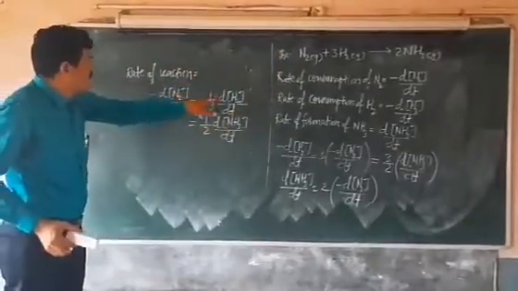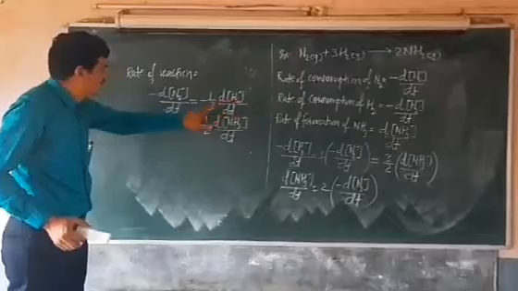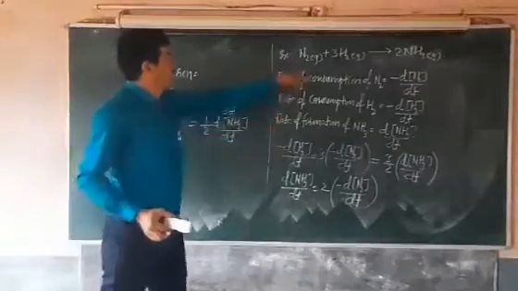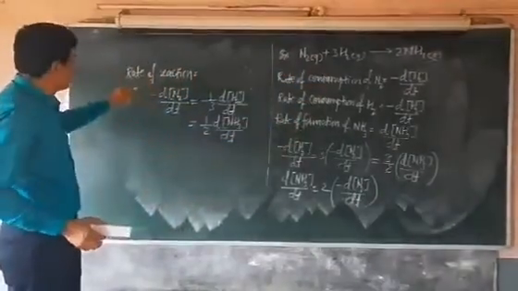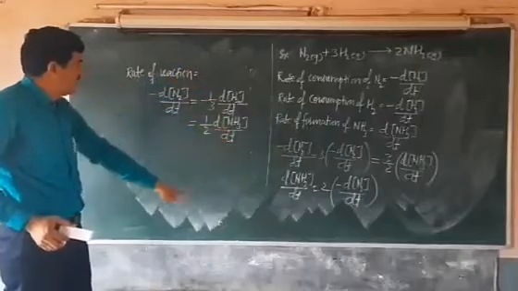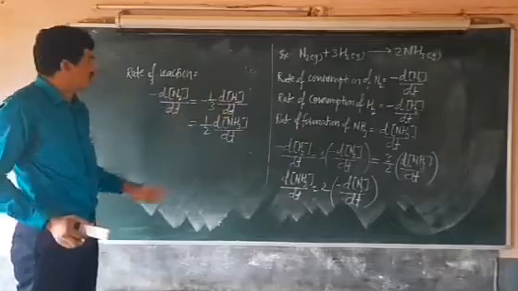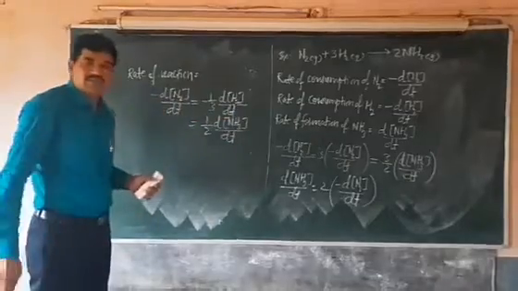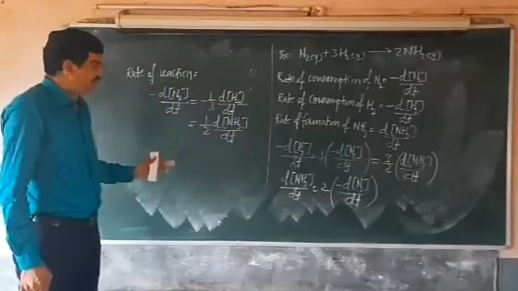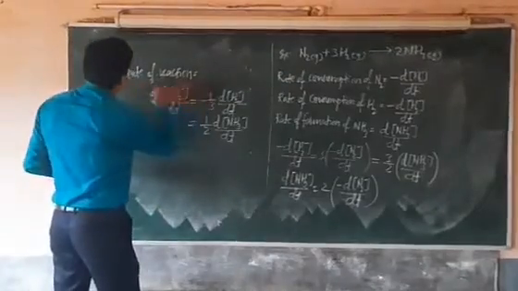Here the rate of consumption of hydrogen is divided by 3 because its stoichiometric coefficient is 3, and here the rate of formation of ammonia is divided by 2 because its stoichiometric coefficient is 2. So in this way, for any reaction, you can determine the rate of reaction.